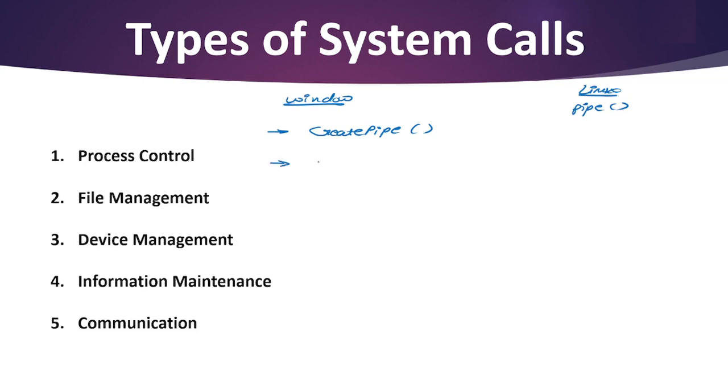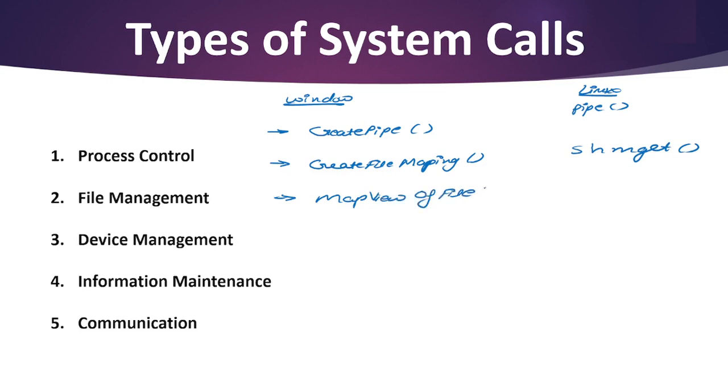Next is CreateFileMapping, and here shmget. Next is MapViewOfFile, this is a function, and here the mmap function.